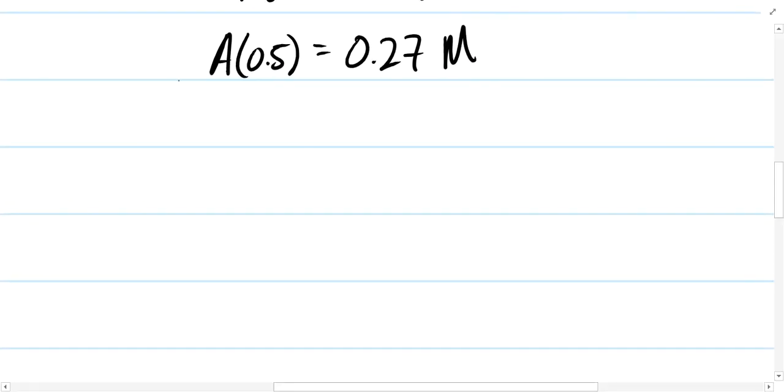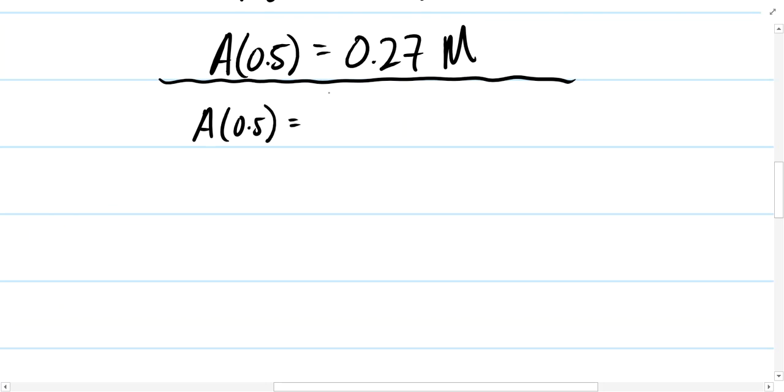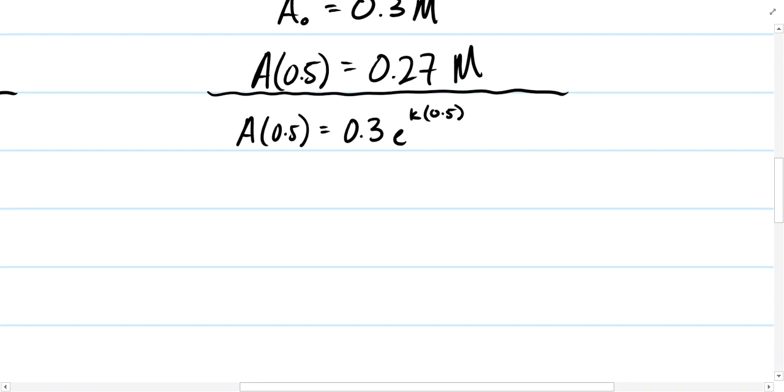In this example, using the techniques introduced by MathXL, we might see the following. A of 0.5 is equal to 0.3 times e to the k times 0.5 power. And k is the value that we're trying to solve for here.